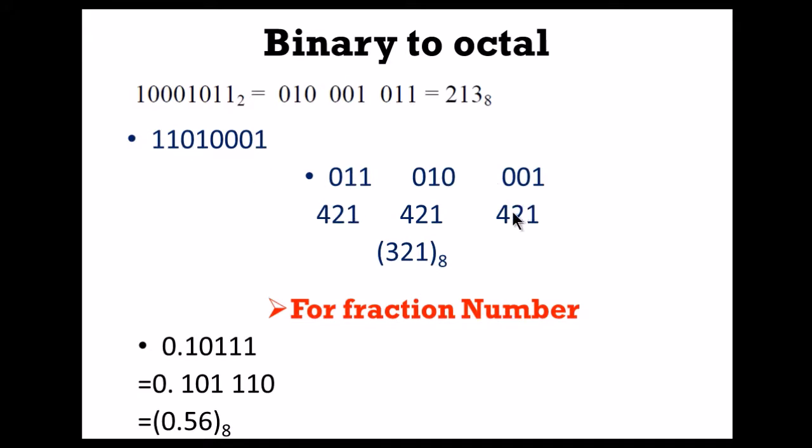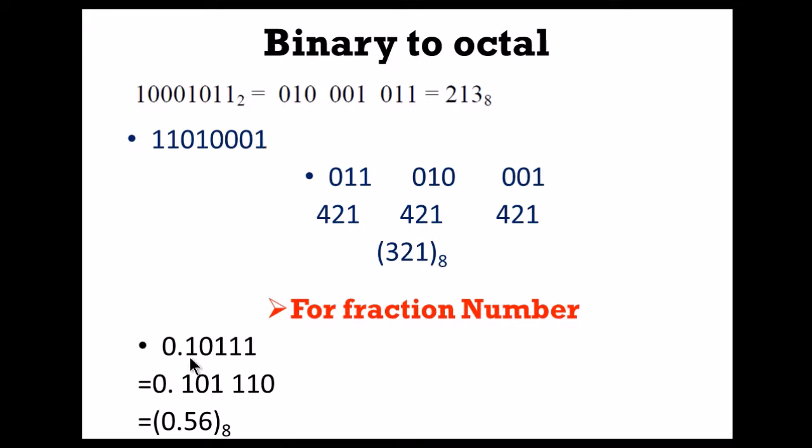To convert the binary number to octal number, we have a 4 2 1 system. So 4 2 1, 4 2 1 and 4 2 1. We have to consider the place where it is 1. So it is 1, so we are writing 1. In this we have a 4 2 1 system, so we are writing 2, and in this number 2 plus 1, which means 3. So 3 2 1 is the equivalent octal number of this binary number.